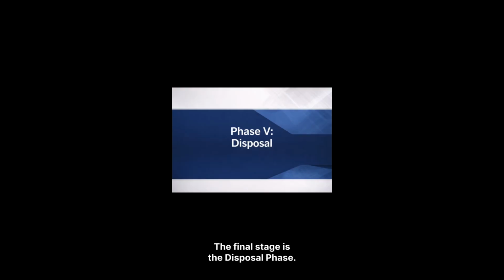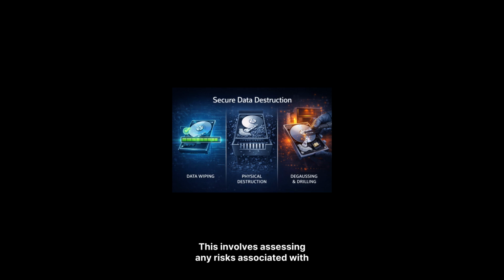The final stage is the disposal phase. While it may seem simple, it is governed by standard procedures to ensure that any information that could cause an adverse impact is verifiably removed prior to the system's retirement. This involves assessing any risks associated with the disposal activities themselves, such as the physical destruction of drives or the secure wiping of cloud instances, to ensure no residual data remains.